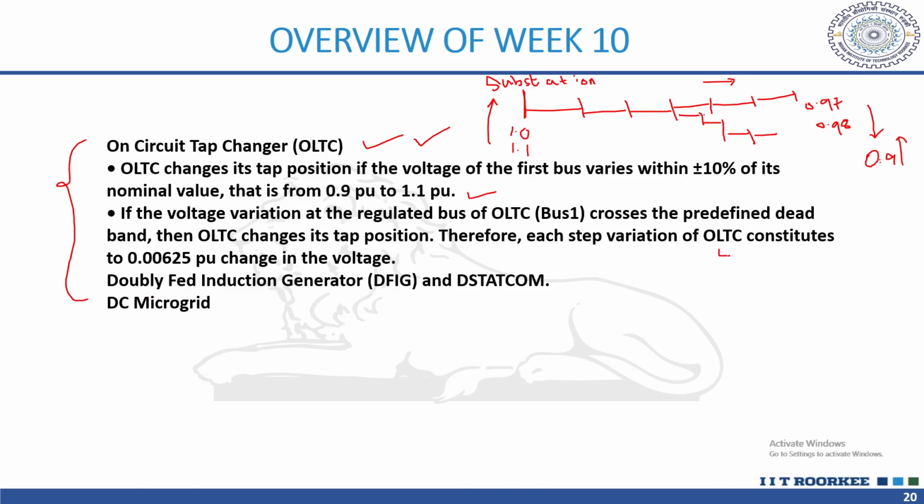This OLTC has 16 tap positions, and each tap position reflects a per unit voltage change of 0.00625. Then we have the DFIG for Q support, STATCOM, DSTATCOM, and we also have a DC microgrid since we are talking about an AC-DC microgrid here.